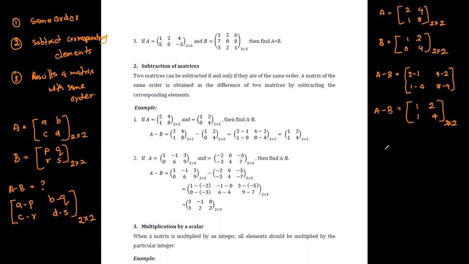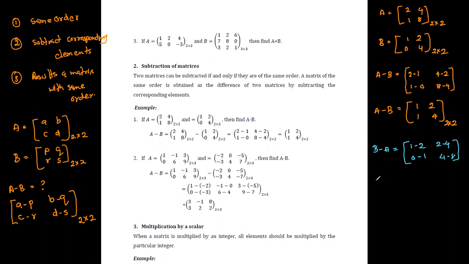Now, if you need to get the value for B minus A, what will we get? B is the first matrix and A is the later mentioned matrix. Therefore, 1 minus 2 will be used here, then 2 minus 4, then 0 minus 1, and 4 minus 8.